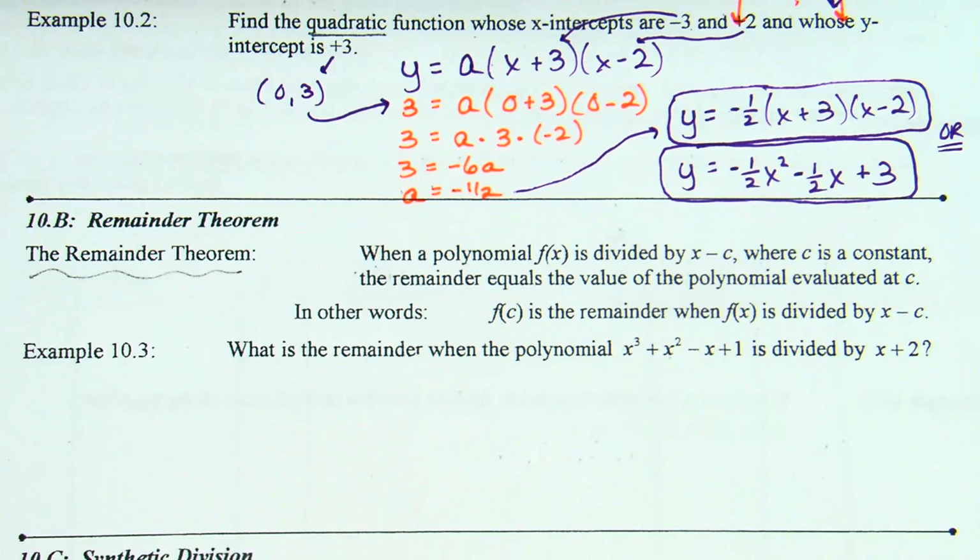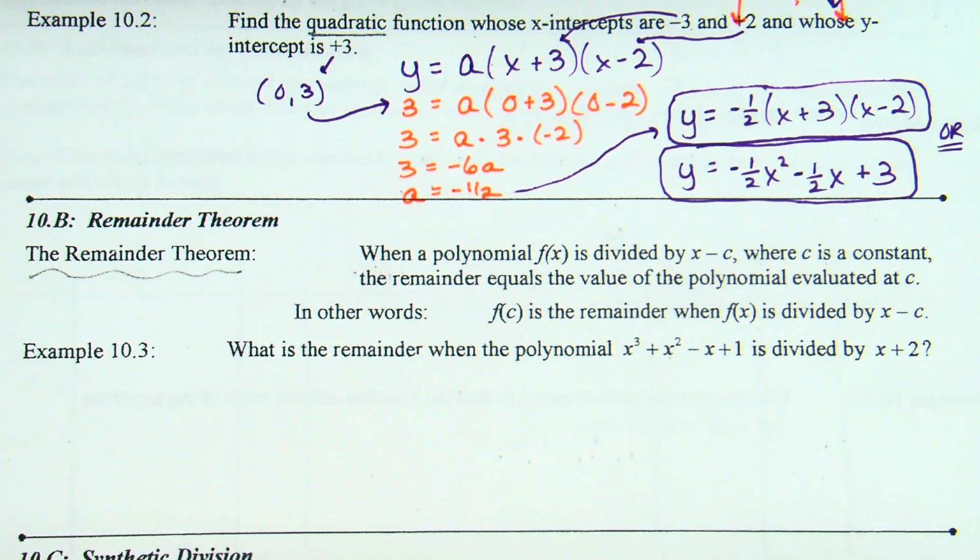Okay, moving along. Remainder theorem. There's two different ways to do remainder theorem, and you guys like this one. You've been doing this one since Algebra 2, technically. When a polynomial, f of x, is divided by x minus c, so like the binomial x minus c, where c is some constant number, the remainder equals the value of the polynomial evaluated at c.